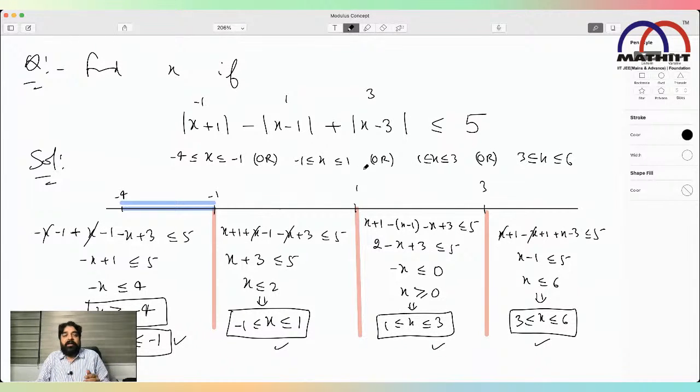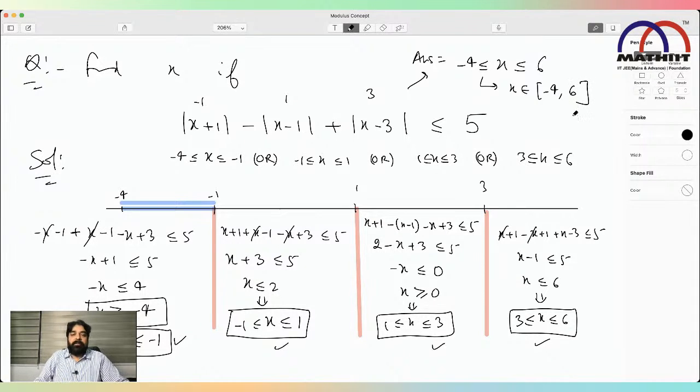If you notice carefully, minus 4 to minus 1, minus 1 to 1, 1 to 3, 3 to 6 finally say x is between minus 4 and 6, because everything is being taken from minus 4 to 6. So the direct answer we can write this way: minus 4 to 6. In interval form, you can write it this way: minus 4 closed to 6 closed.